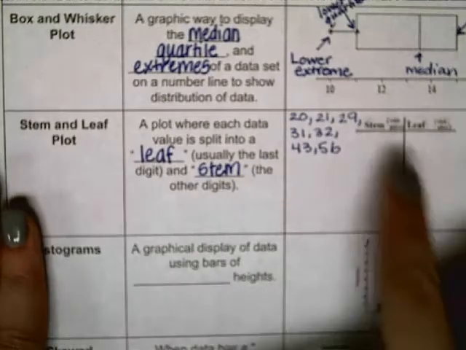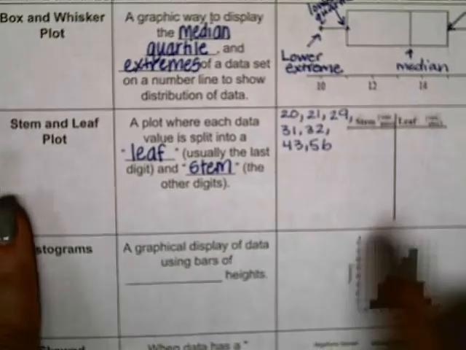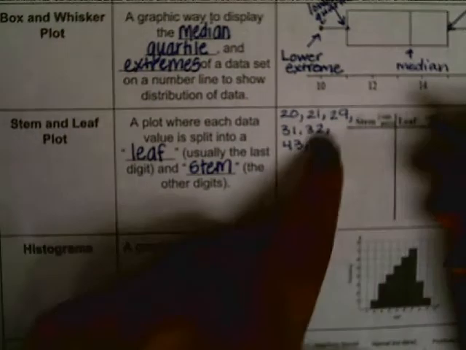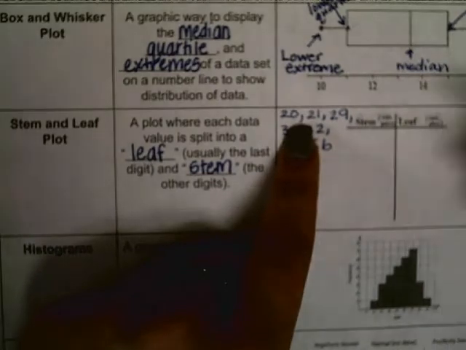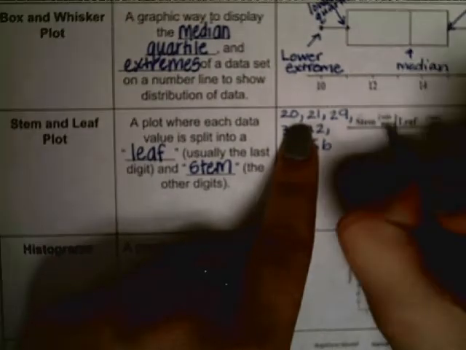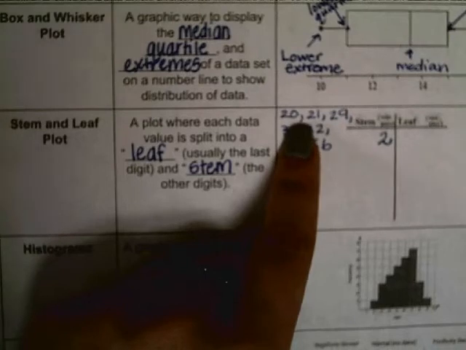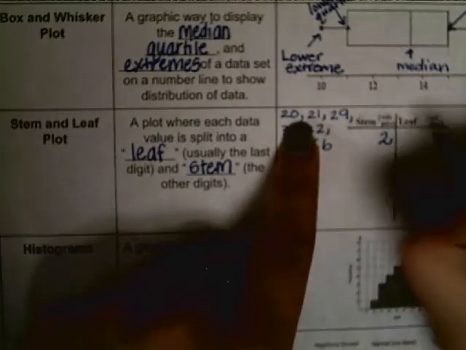You're going to put all your tens place in the stem area. So we have 3 numbers that start with a 2. And then each number after the first number will be in your leaf.